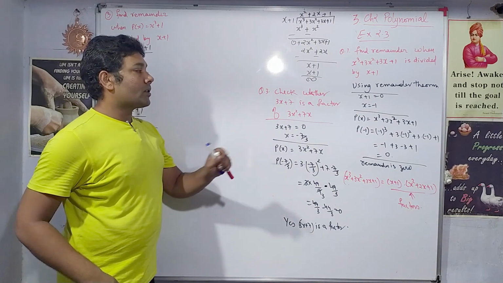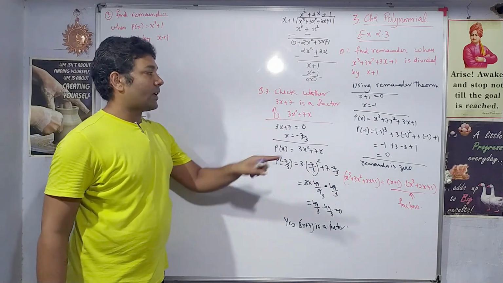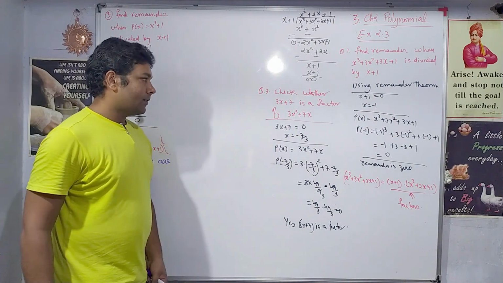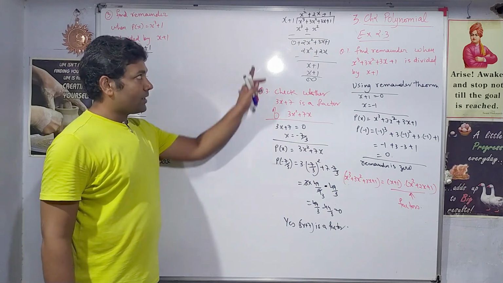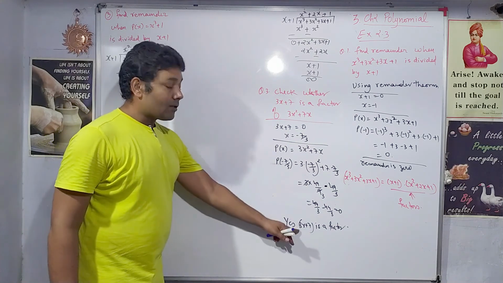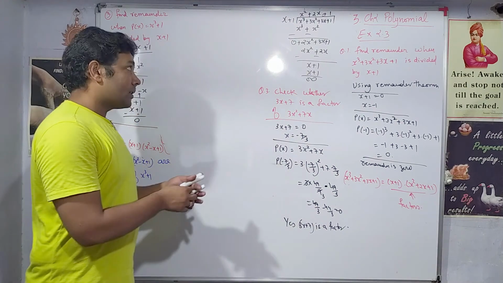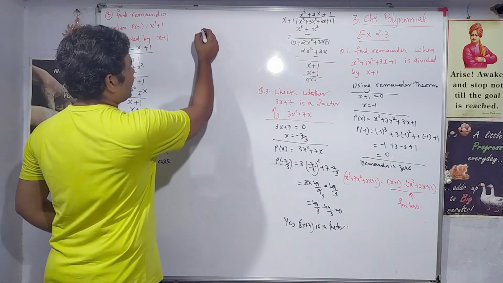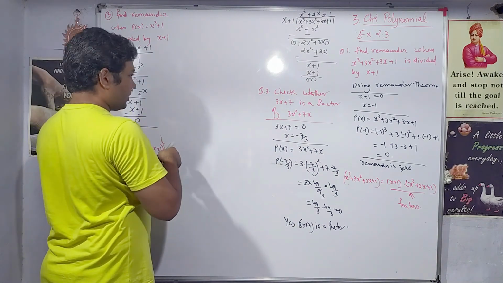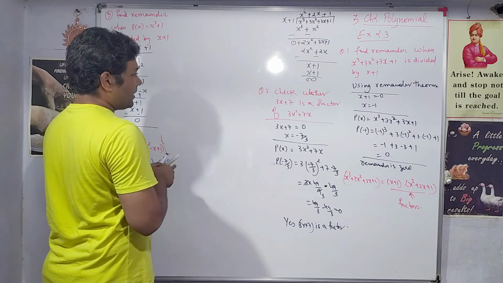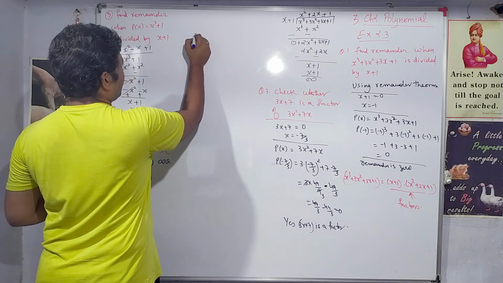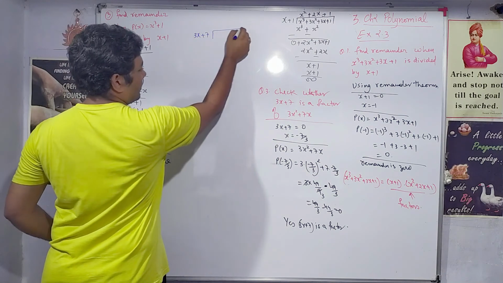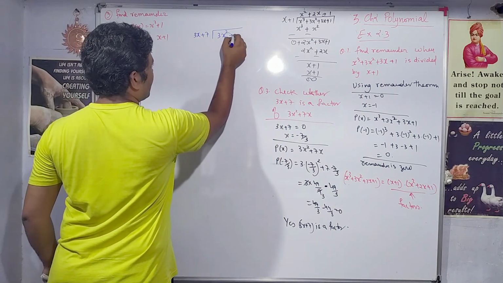If you want to find the other factors, carry out long division. This is one of the factors, then the other factor you will also find out, right? Let us find another factor also. So we'll carry out the long division method. 3x plus 7 divided into 3x square plus 7x.